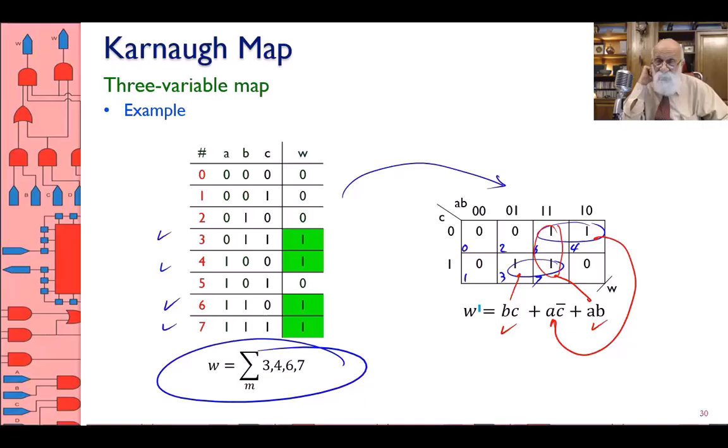Okay, now let's look for essential prime implicants. This is an essential prime implicant. Why? Because the one I just put an asterisk on is not covered by any other prime implicant. How about this one? This is also covered by only one prime implicant. Is the vertical one essential?